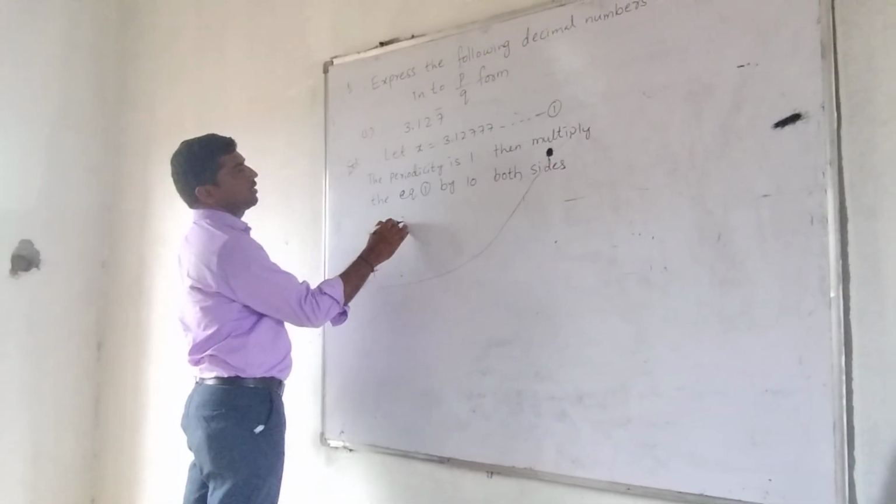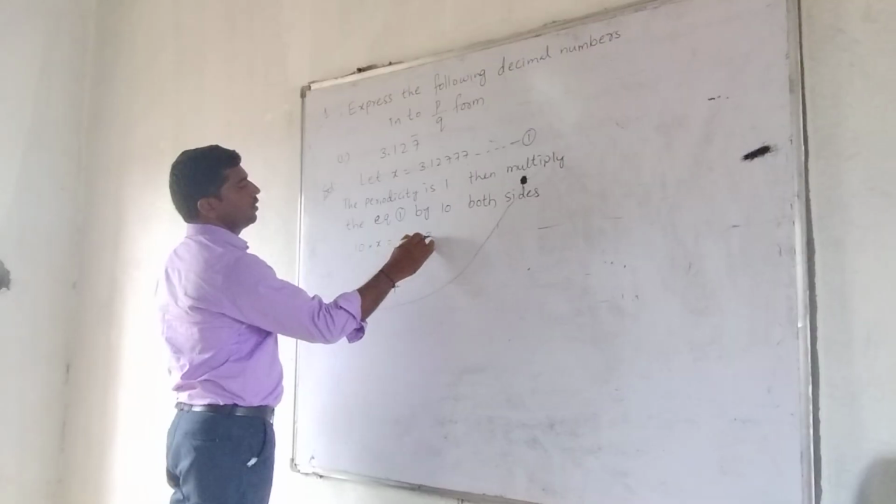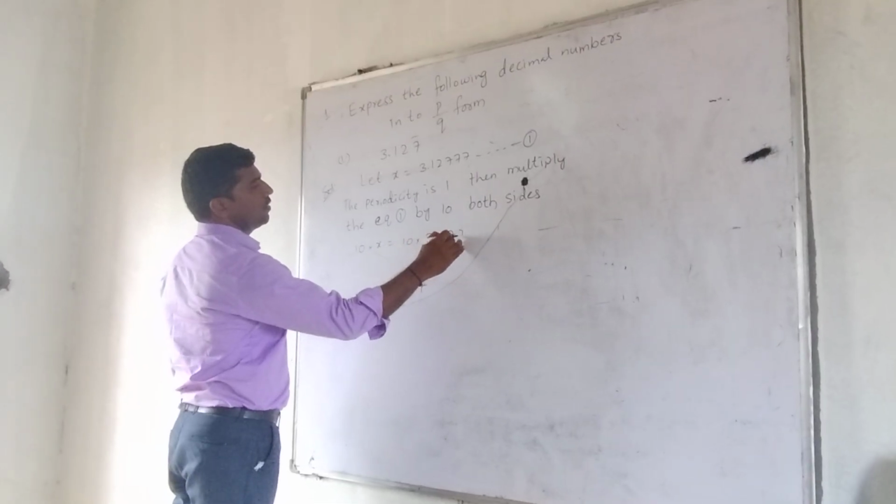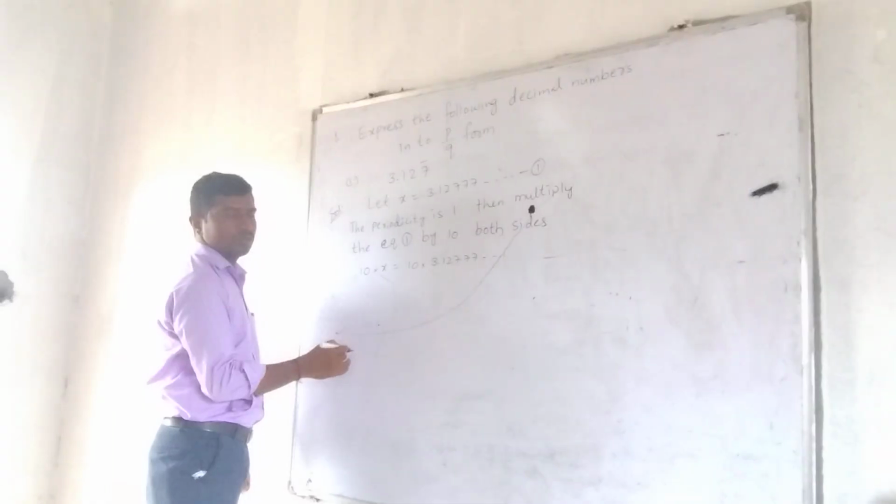Now we will see here. 10 into x equals 10 into 3.1277... Okay?